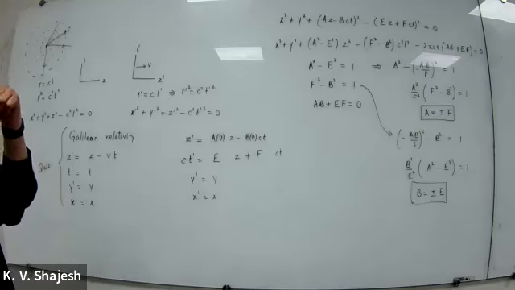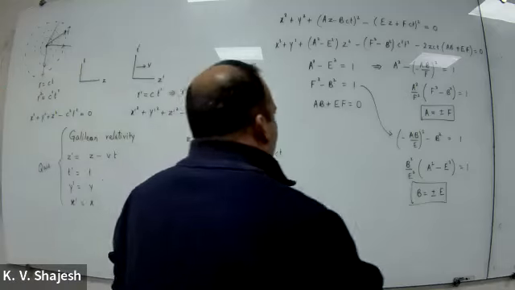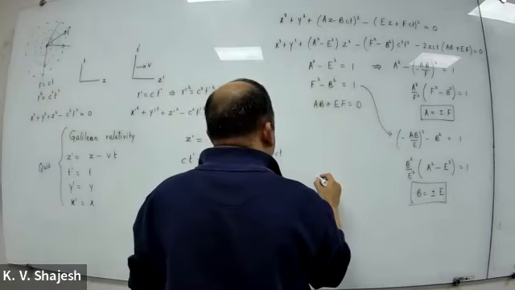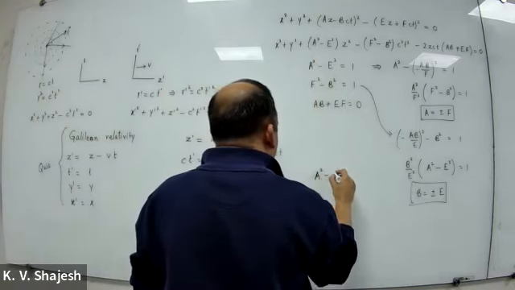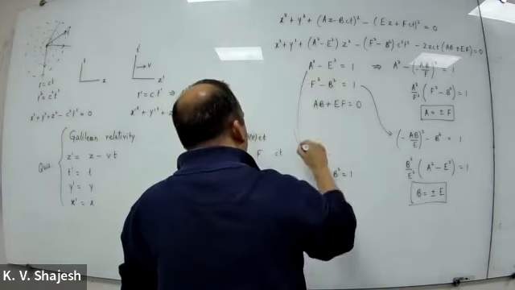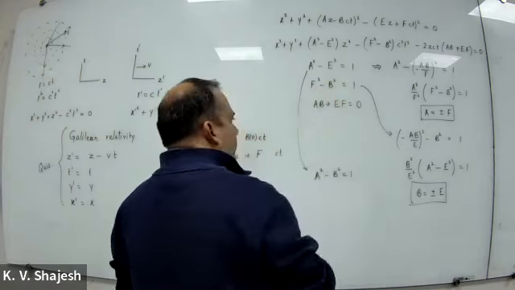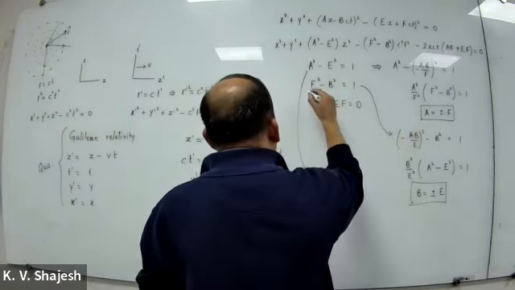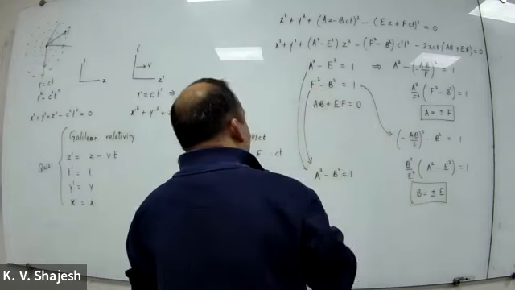Okay, so what we have is, rewrite this equation now. A square minus B square is equal to 1, this first equation here. The second equation is the same because F is A, so this also leads to the same.